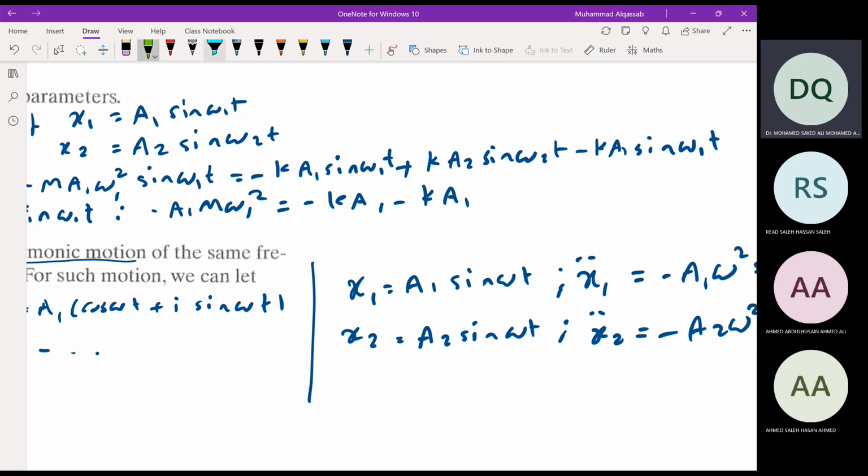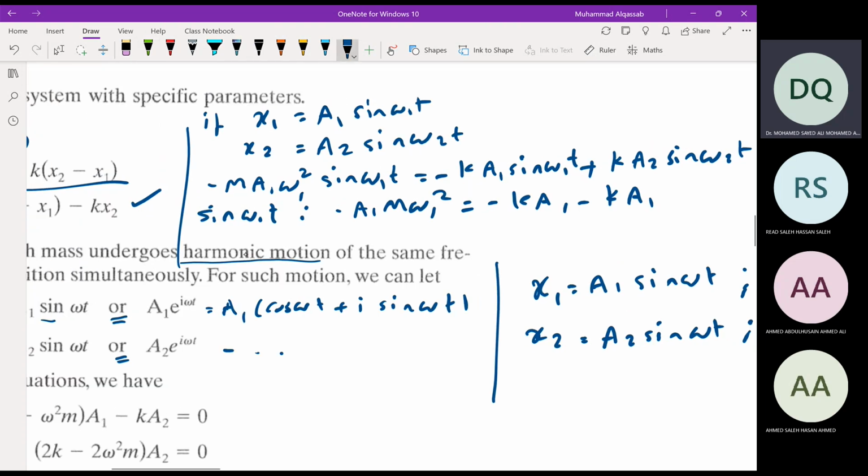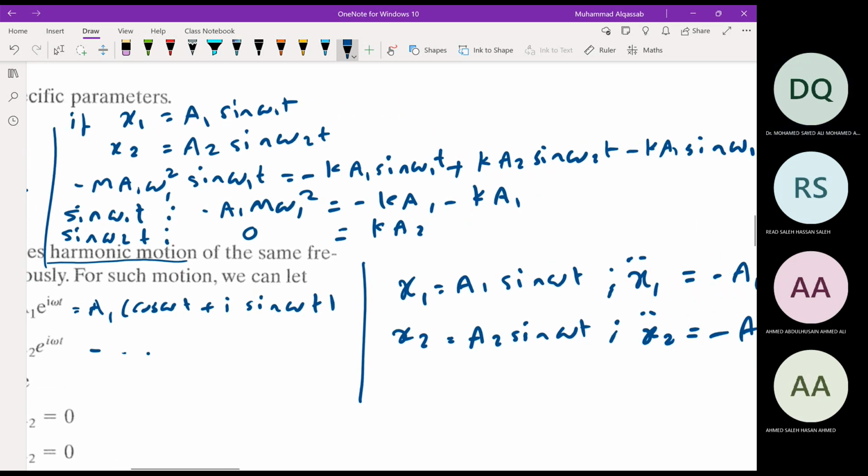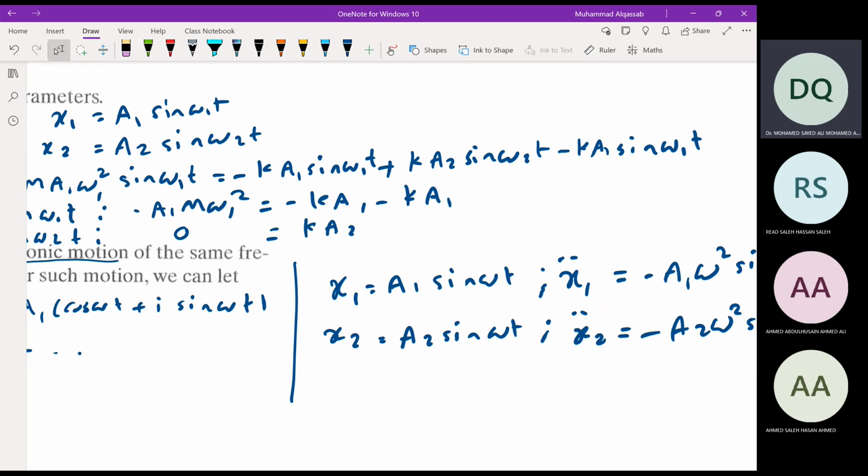Okay, so you can see that if you take the sine omega 2 t terms, you get 0 on the left hand side, equal to k times A2. This does not make sense because this makes A2 equal to 0.